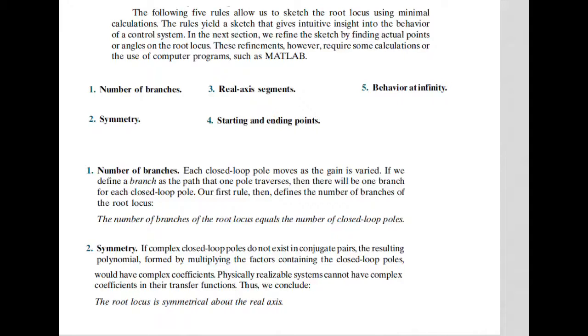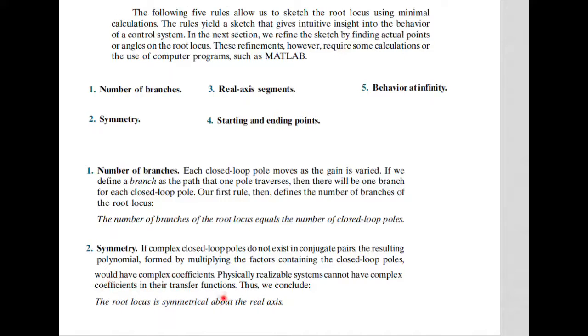If the complex closed loop poles do not exist in conjugate pairs, the resulting polynomial formed by multiplying the factors containing the closed loop poles would have complex coefficients. Physically realizable systems cannot have complex coefficients in their transfer functions.